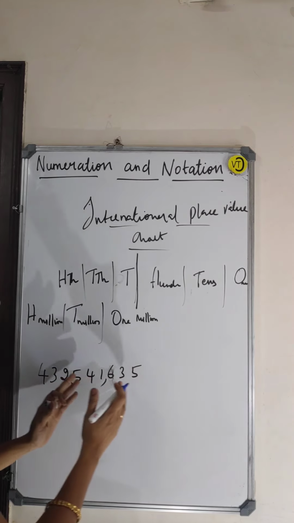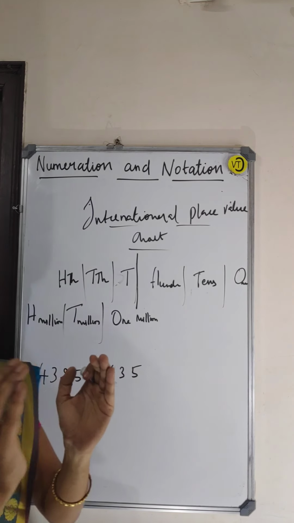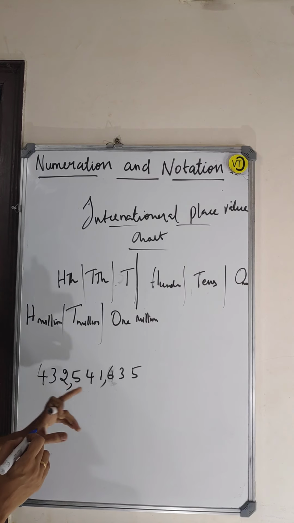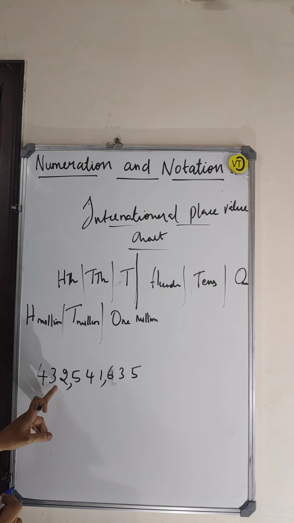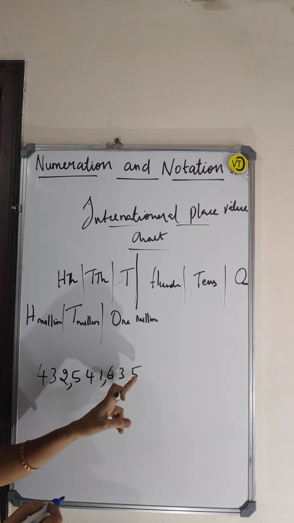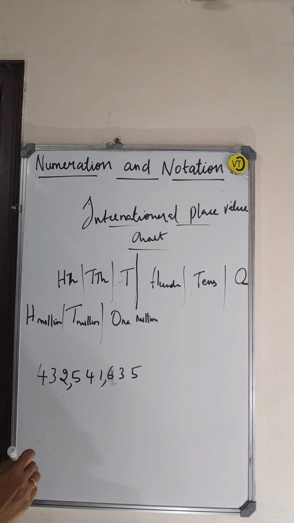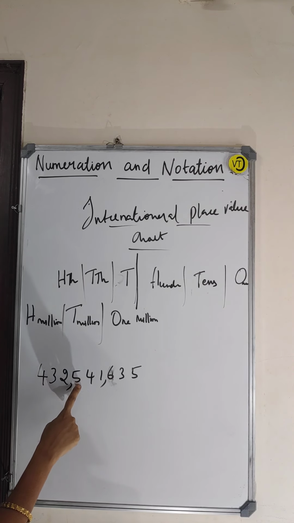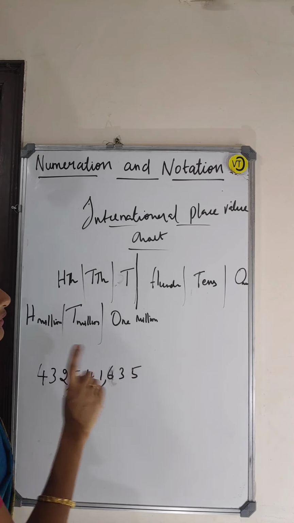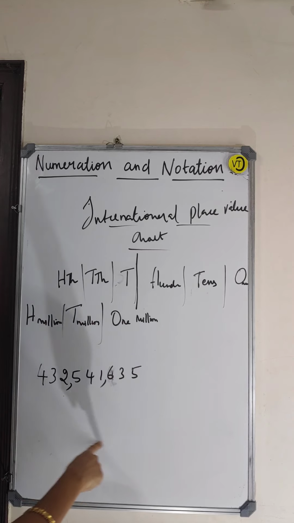They group the numbers as 3, 3, 3. So how can I read this number? 432 million, 541,635. Again I'll repeat: 432 million, 541,635. This way they will read the numbers.